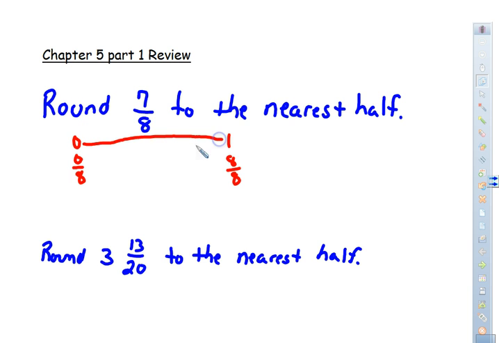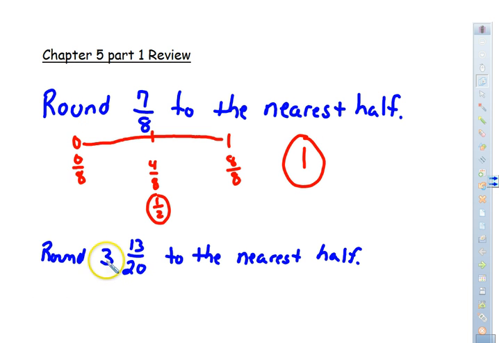On my number line, I'm trying to find the halfway mark, and to find half, that would be half of the denominator, which is 4/8. That is my 1/2 mark. So what is the numerator closest to? 0, 4, or 8? In this case, it is closer to the 8. Therefore, my answer is 1 whole.